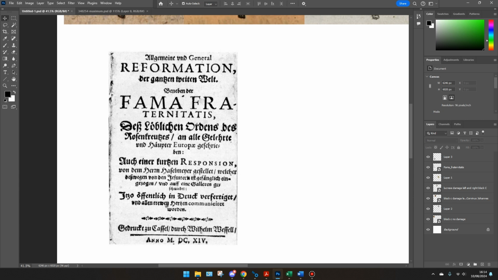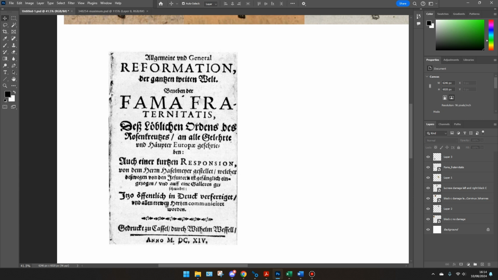This is quite interesting, because the response to the Fama was actually written in 1612, two years before the Fama was printed. There's always been talk about how the Fama Fraternitatis was circulated in manuscript form before it was printed.